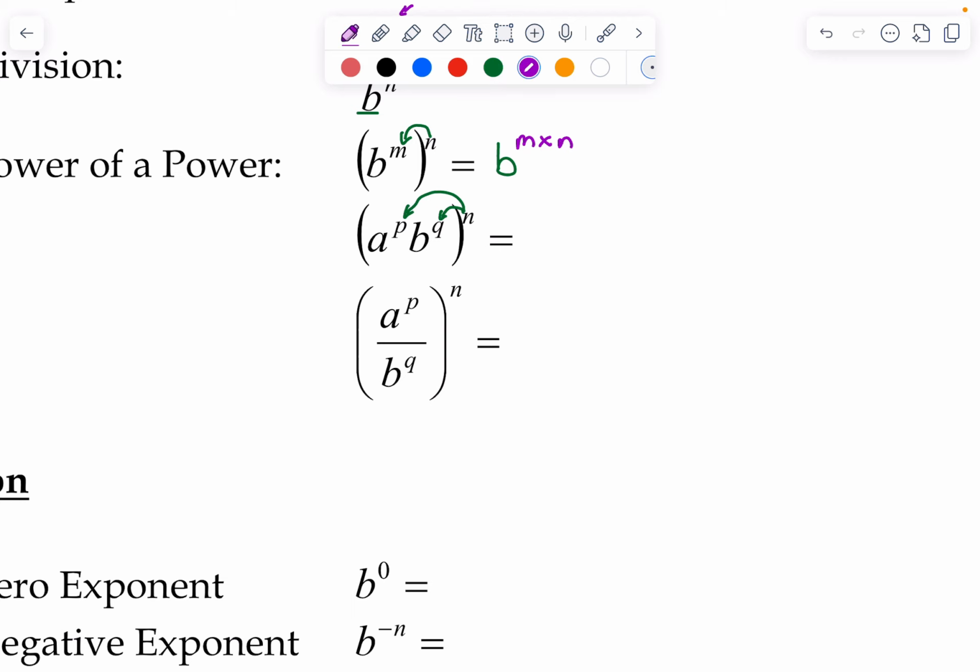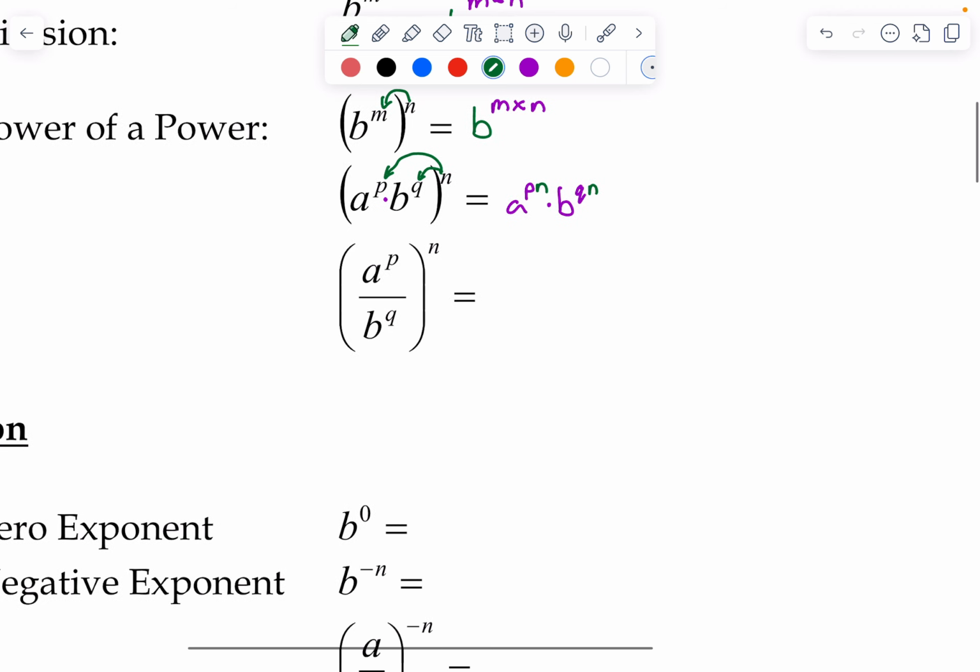So you would have this base a put to an exponent of p, and that would be multiplied by n. You would have the base b, and these are multiplying here, so still multiplying. Base b to the power of q, and that would be multiplied by n. So you multiply all things, applying to every power.